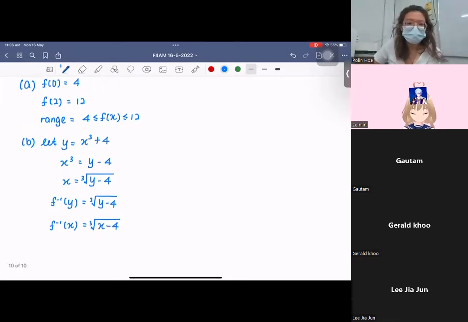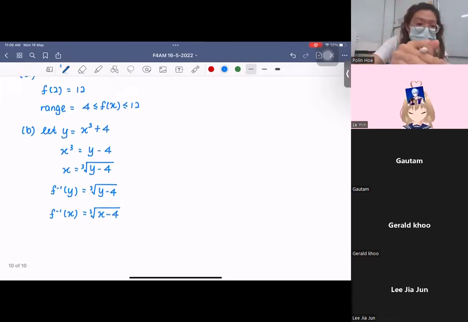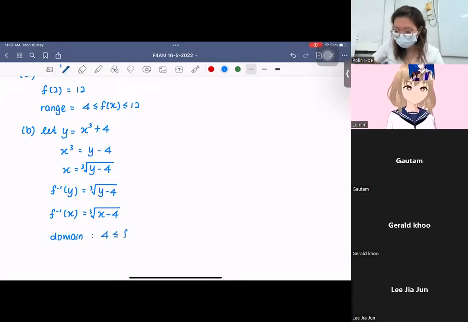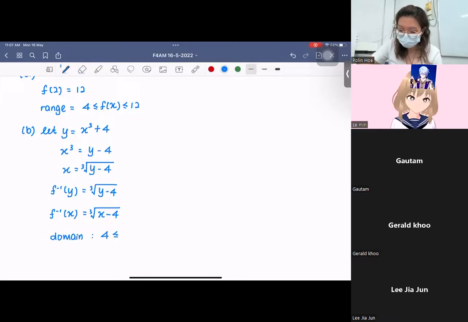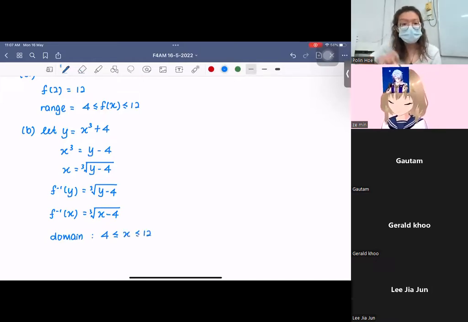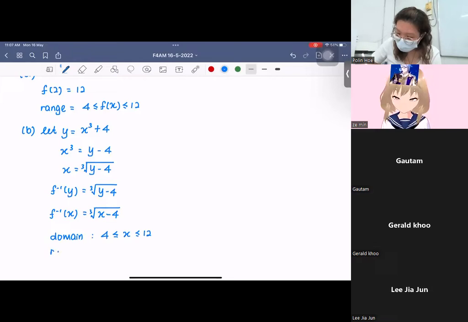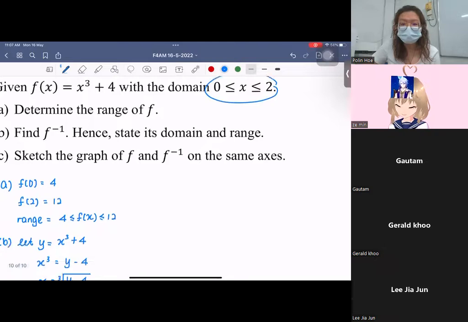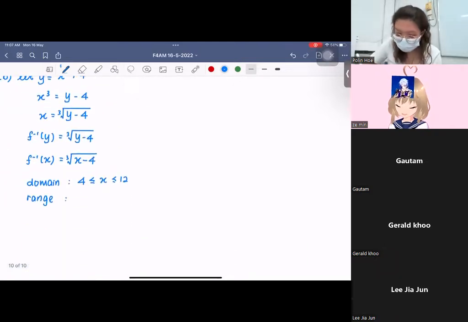Now, listen to me. The range of f(x) will be the domain for the inverse, and the range of the inverse function will be the domain. This is the theory.